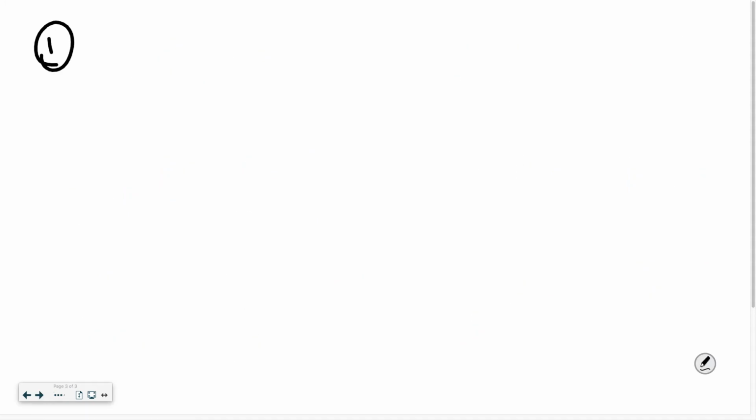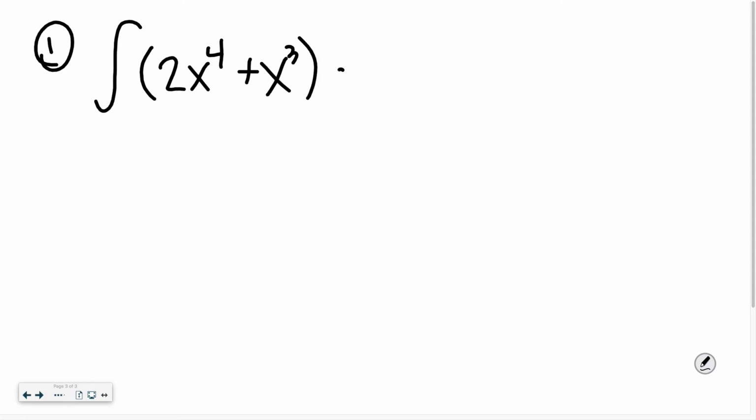So, here we go. Number 1. The integral, or the antiderivative, of 2x to the 4th plus x cubed dx. Here I have a coefficient with my x to the 4th. Just like with derivatives, our coefficients go along for the ride.